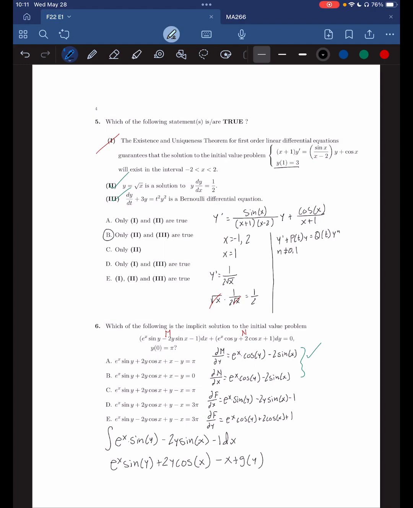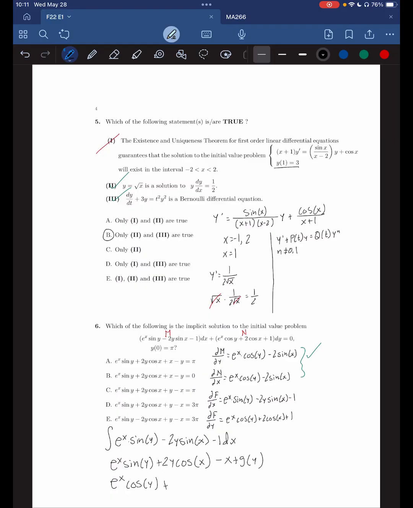Now, don't forget, we do have to take this partial derivative with respect to y. So what does that give us? That gives us e to the x cosine y, with respect to y, sorry.